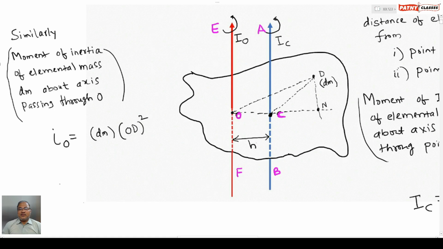And for the entire body, moment of inertia about the axis passing through the point O is given by I naught equals the integration of OD squared dm. Call it equation number 3.